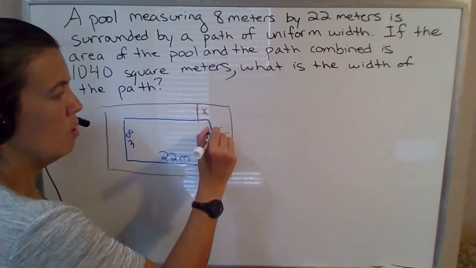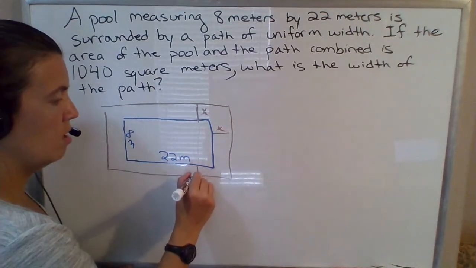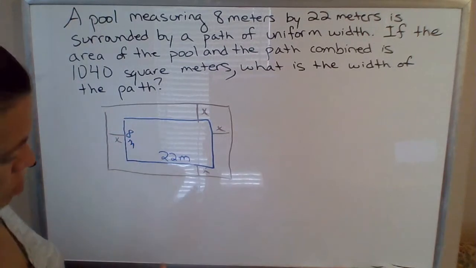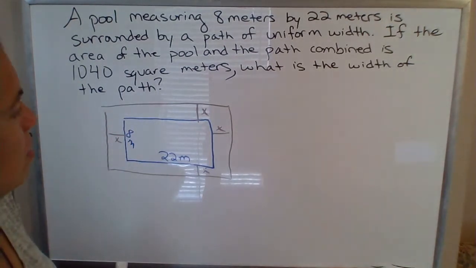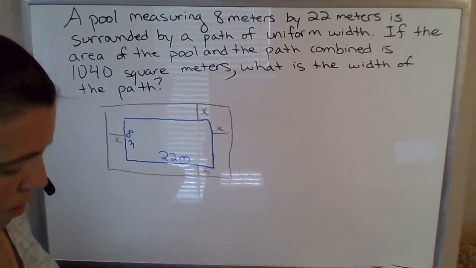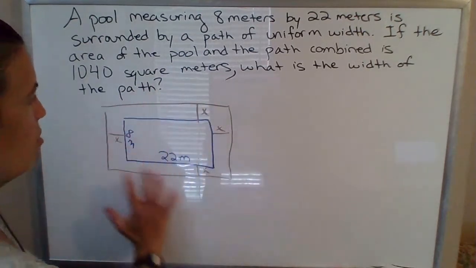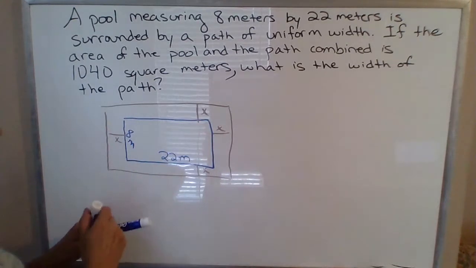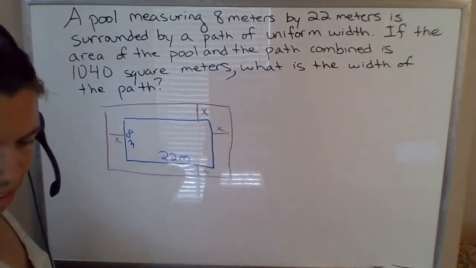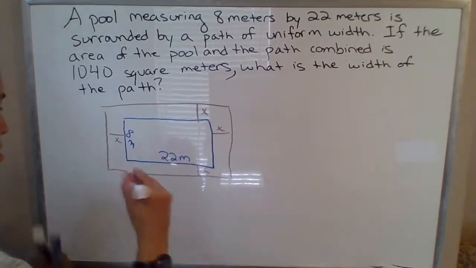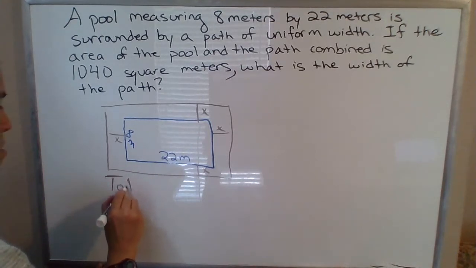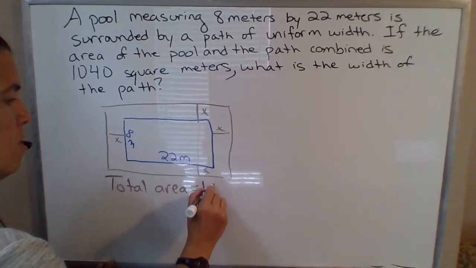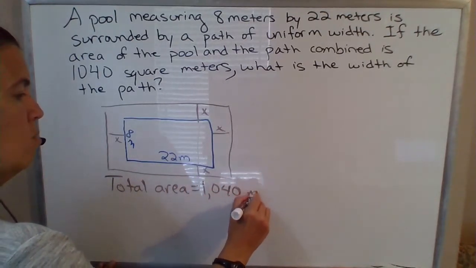And so that's all the way around. This is x meters here, x meters down here, x meters down here. It said it surrounds the pool, so it's on all sides. Okay, and the total area covered by this entire diagram, so covered by the pool and the path. So the area of this outer rectangle, I'll write this in brown here, total area is 1,040 square meters.